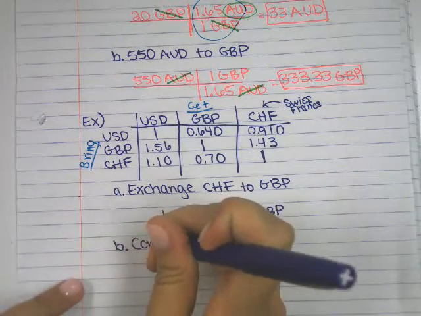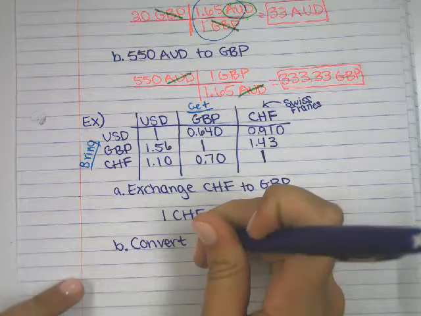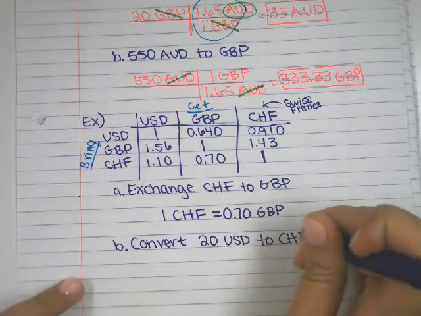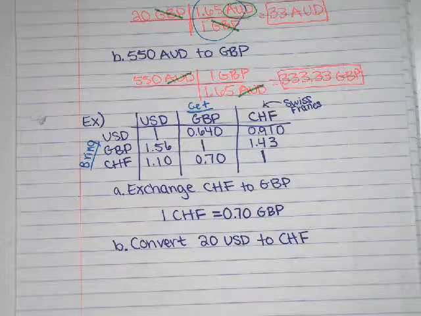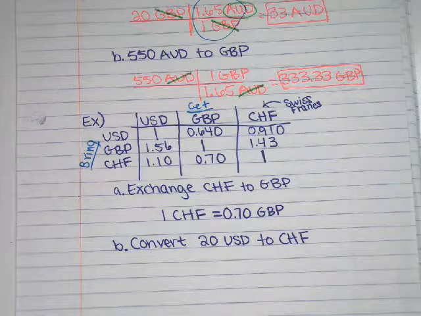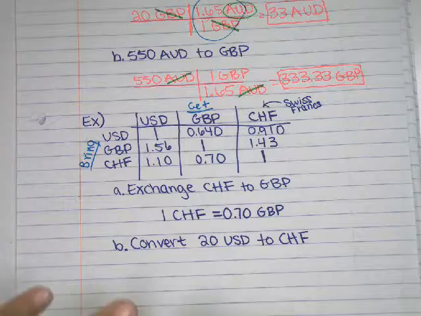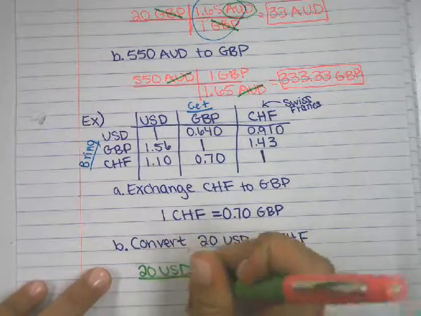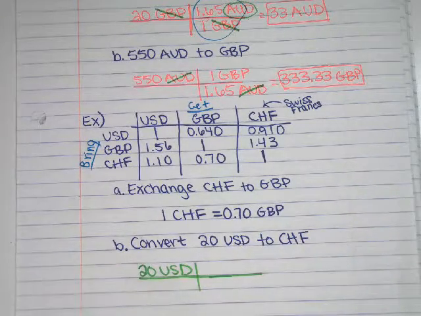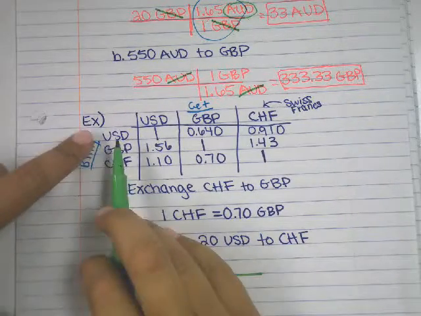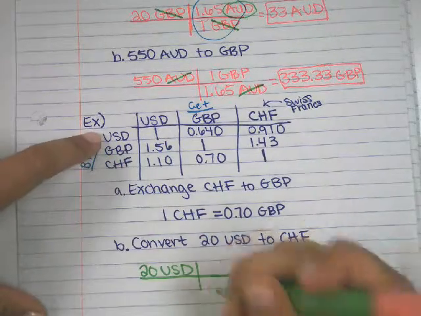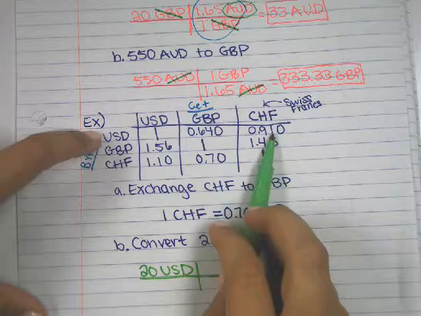So what if we want to convert 20 US dollars to Swiss francs? So we start with 20 US dollars. We always put the number that we're starting with in the top of our little chart here. We're trying to go to this CHF. So if I bring 1 US dollar, I can get this many francs.